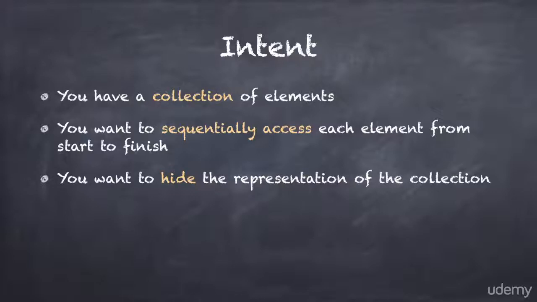Most built-in data structures, like the array and the list, already provide support for iteration. We only need this pattern to enable iteration on data structures that do not support it out of the box.